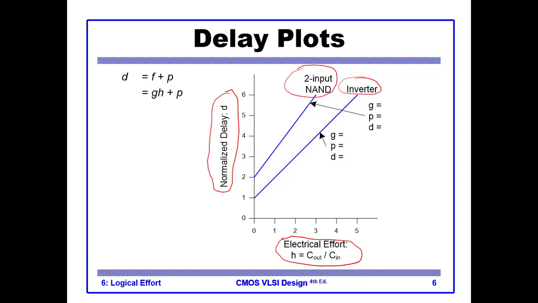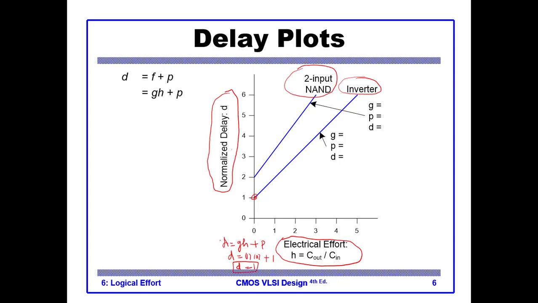You see that for the inverter, when there is no load, so no load means the fan out or H is equal to 0. So the delay is basically G H plus P. We have a G of 1, we have a H of 0, there is no fan out, and we have a P of 1. So the normalized delay is 1. So that's why it starts at 1.